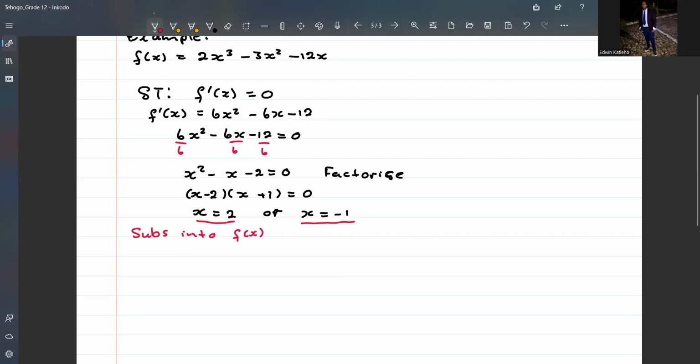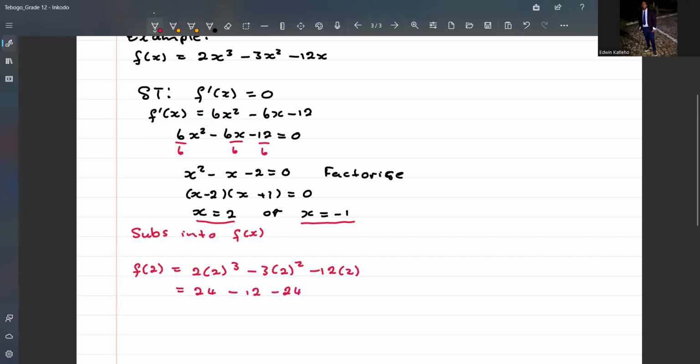So what we are going to work out is f of 2, which will give us 2 into 2 cubed minus 3 into 2 squared minus 12 times 2.